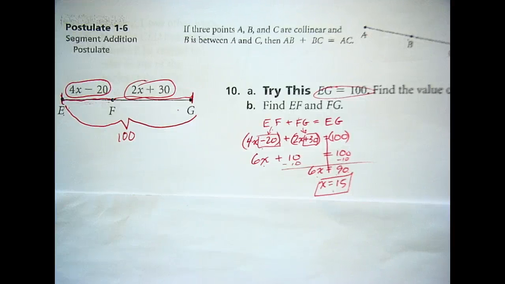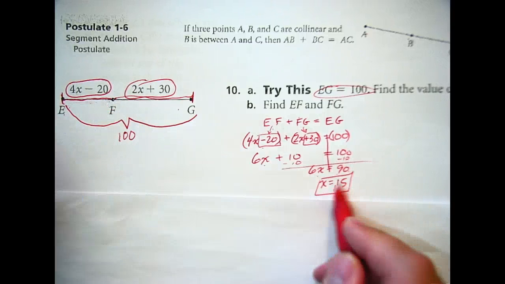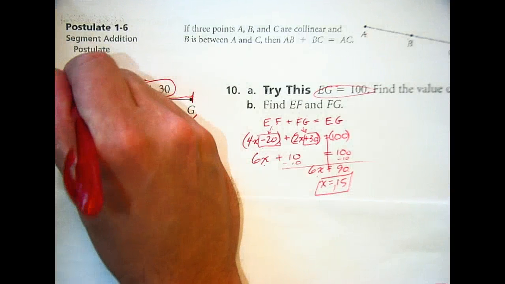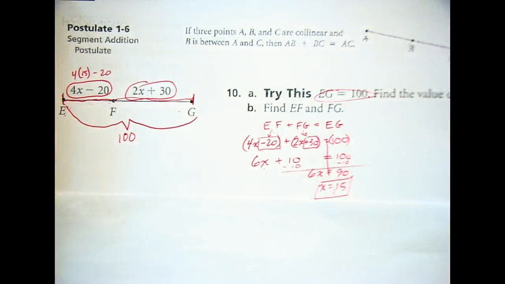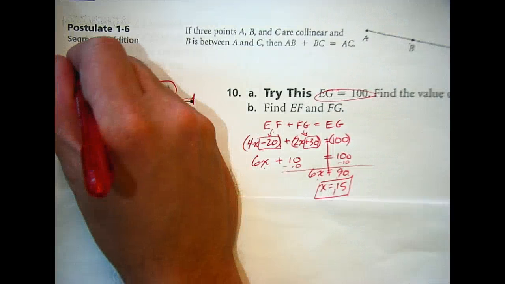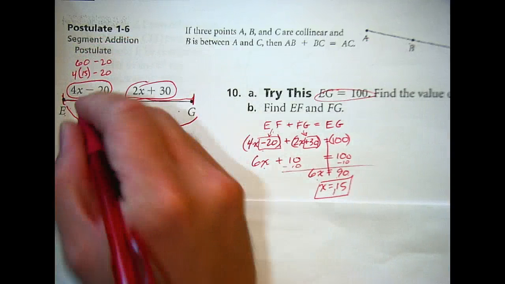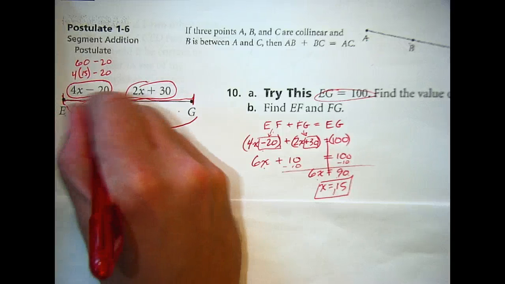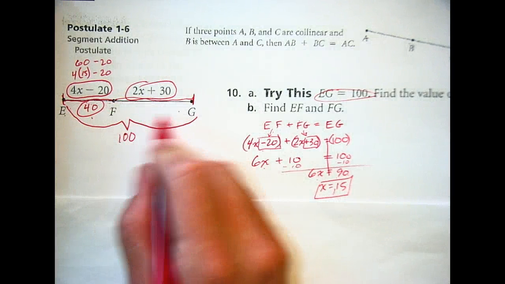Good. Well, the next part says find EF. Hey, it's right there. But if we put the 15 in, that's 4 times 15. We put that in for the x and actually solve. That gives us 4 times 15 or 60 minus 20, or a total of 40. That's what you meant, right? And if that's 40, what better this one be? 60.